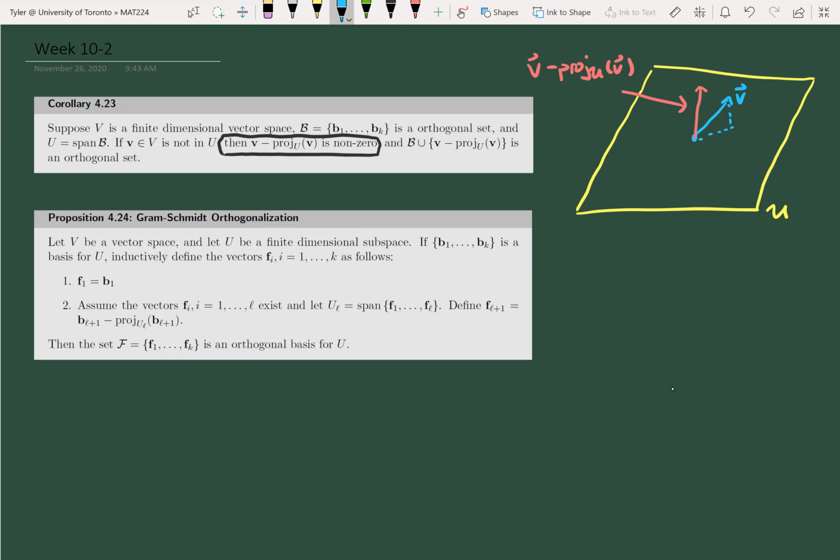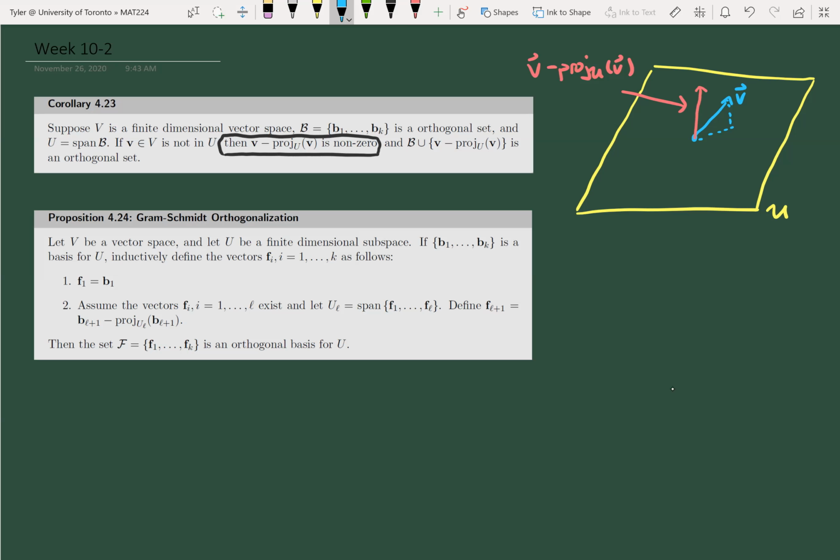Now inductively, suppose that you've already chosen L orthogonal vectors. Then you're going to take one of the vectors that does not live in that space, like this blue vector here, and compute its orthogonal portion.